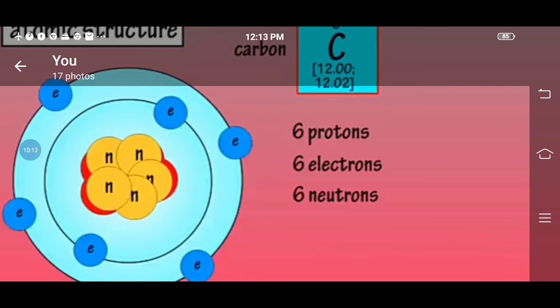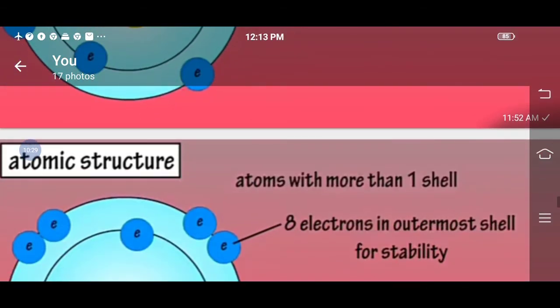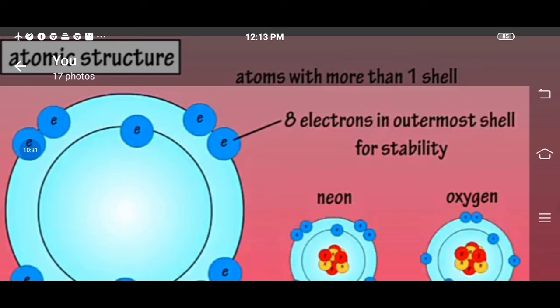The second orbit has a capacity to hold a maximum of 8 electrons. Because there are only 4 electrons, which is less than 8, carbon is more reactive and unstable in nature.